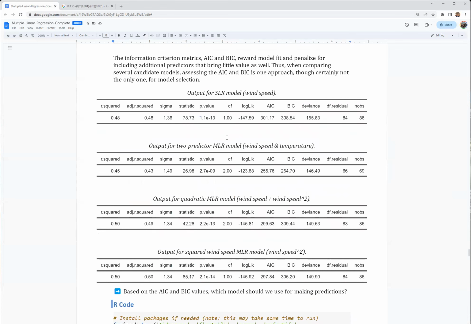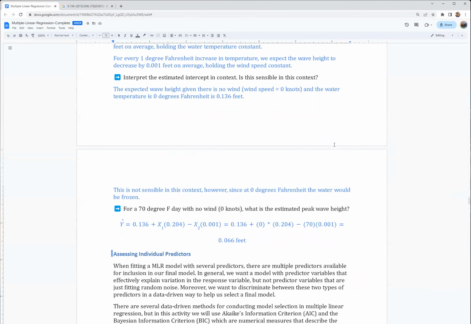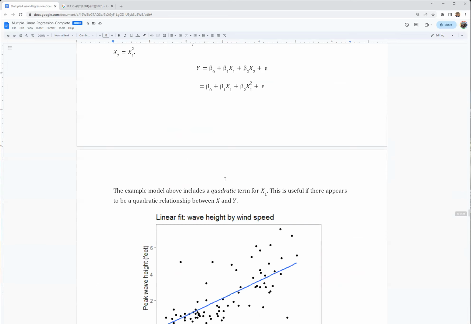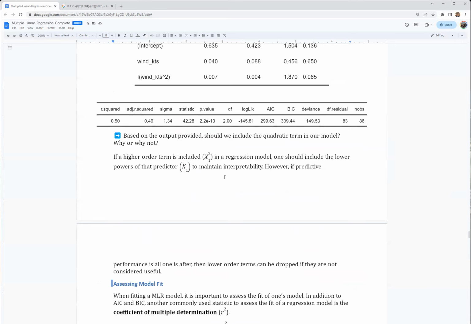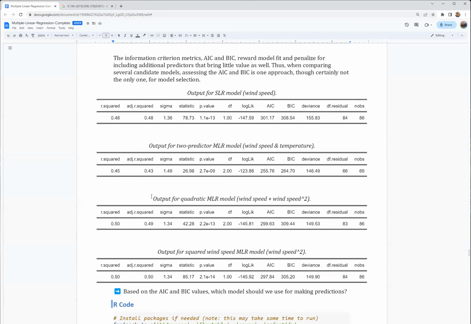What we're looking at is, what is our decision regarding the inclusion of wind speed as a predictor in our model?